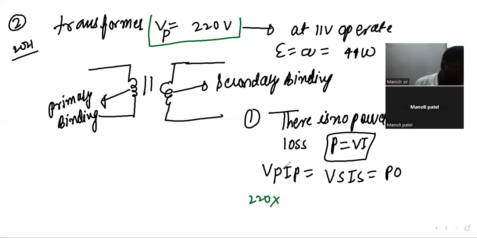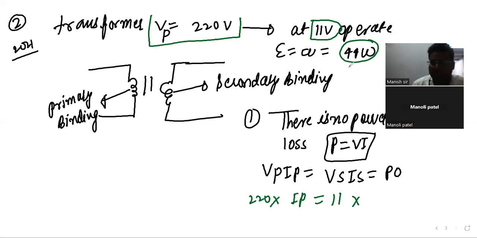The primary current we don't know. In the secondary, the voltage we know is 11 volt, into current. The power is directly given, 44. So you can find the current from there. 44 is equal to 11 into I. So I is coming out to be 4 ampere.